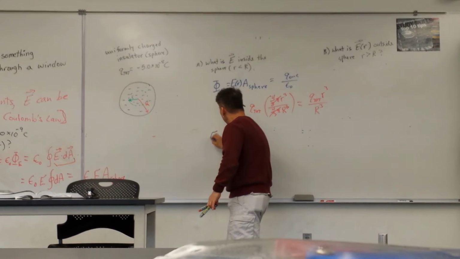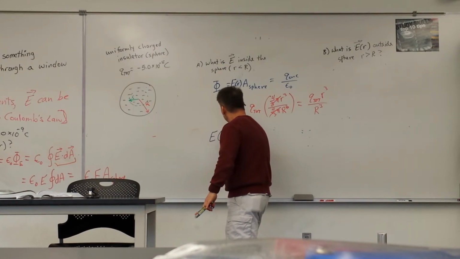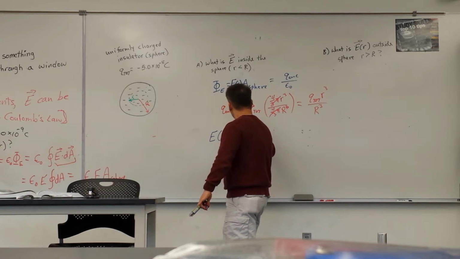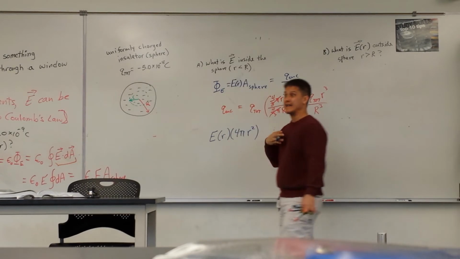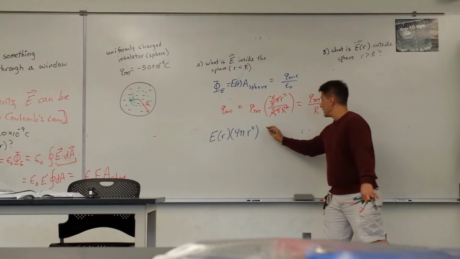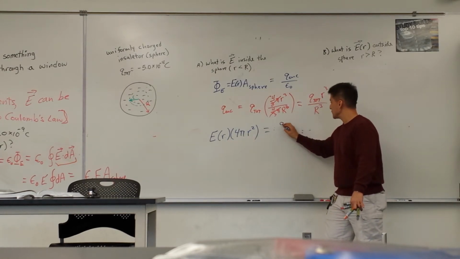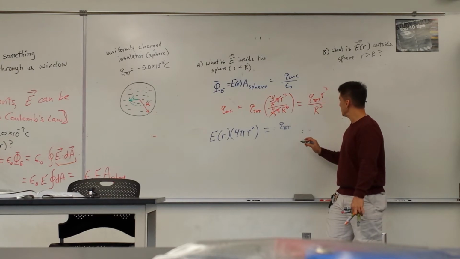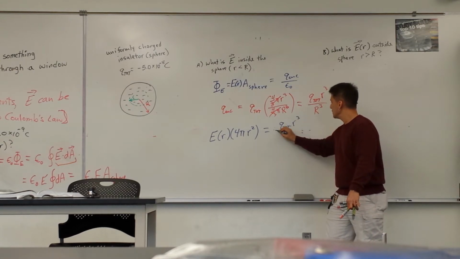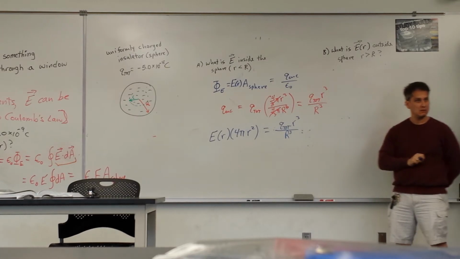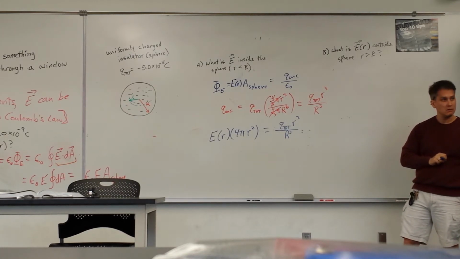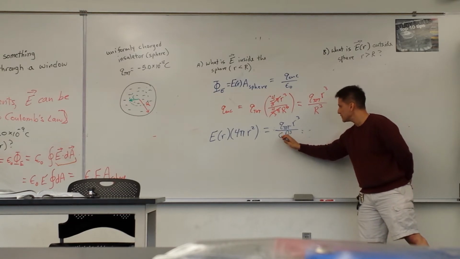If I solve for E, first I note that 4 pi r squared is the area of my sphere. Multiplied by E, that's going to equal the total charge of the sphere times r cubed over big R cubed, and I need an epsilon naught in there.